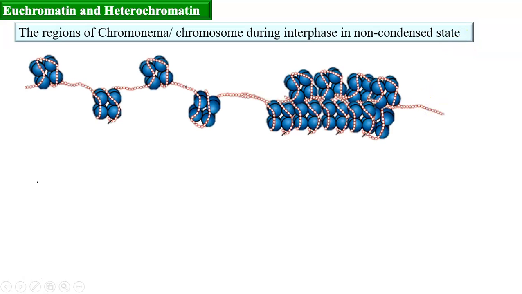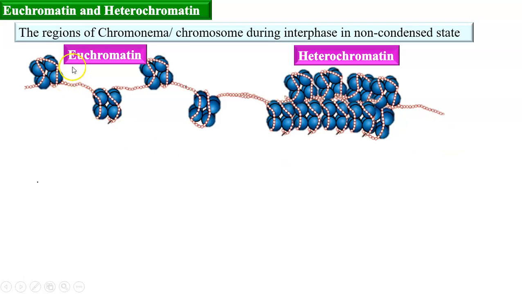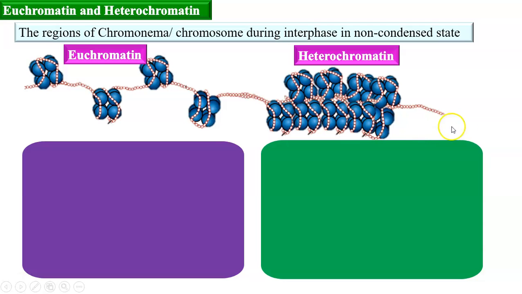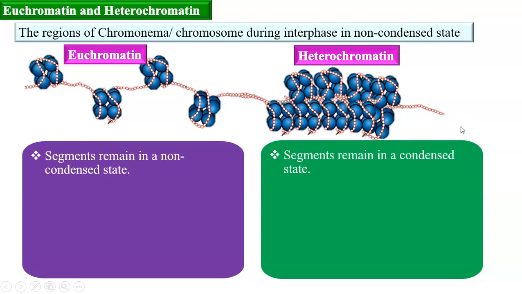So this is a kind of structure we observe where some region is non-condensed, but some region remains condensed. The non-condensed region is euchromatin and the condensed region is heterochromatin. So the entire segment shows the non-condensed state, which is euchromatin, and the condensed state is heterochromatin.